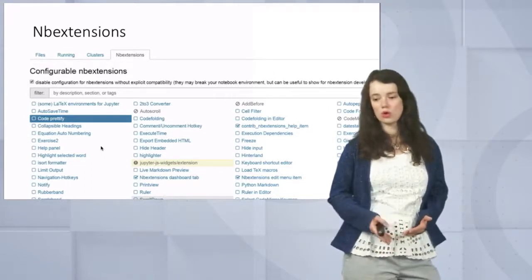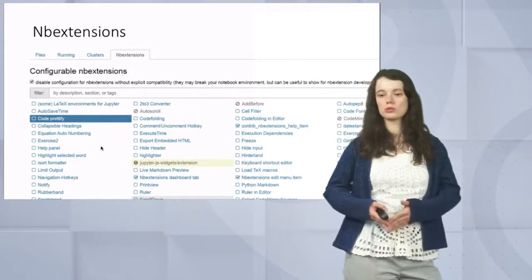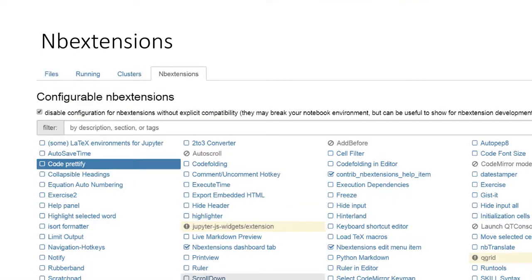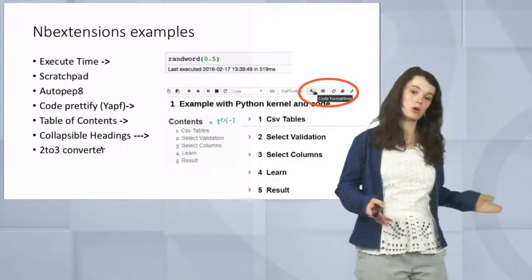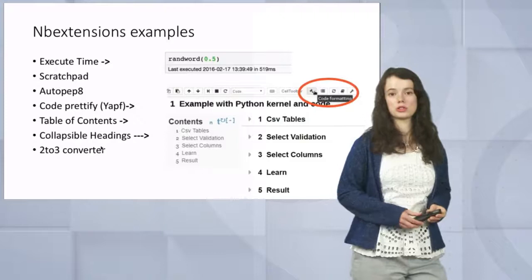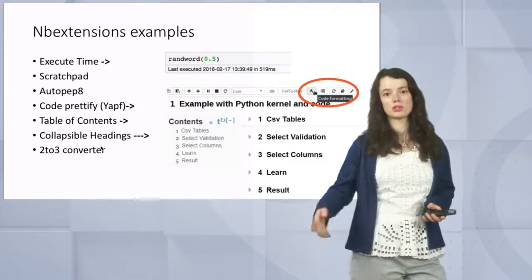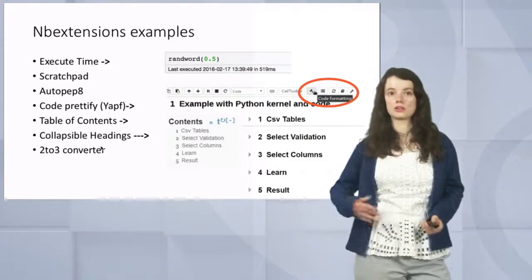Maybe you know about EDA for programming, but in Jupyter there is an extension which makes your code writing a little bit easier, and that's called Nbextensions. Most popular extensions are execution time, which appears in every cell you execute, scratchpad, and autopep8.